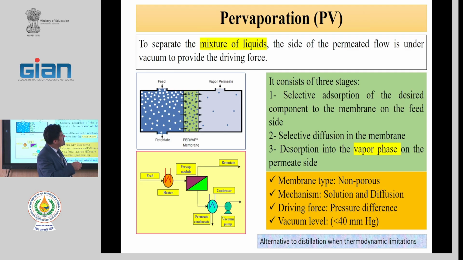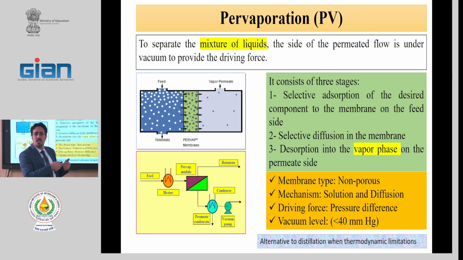And this is pervaporation: permeation and vaporization, from mixing of permeability and vaporization. Therefore, the vapor can pass through the non-porous membrane. Here is the partial vacuum. After the vapor reaches here, we need condensation.